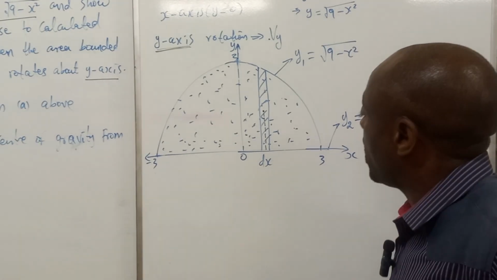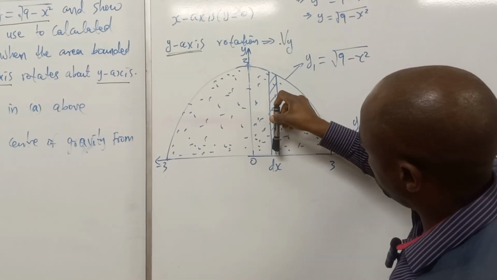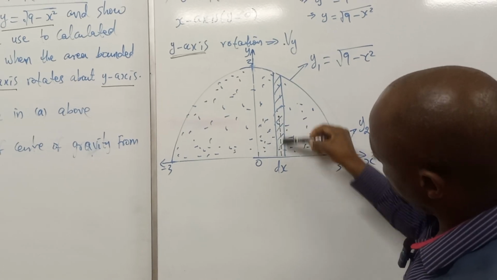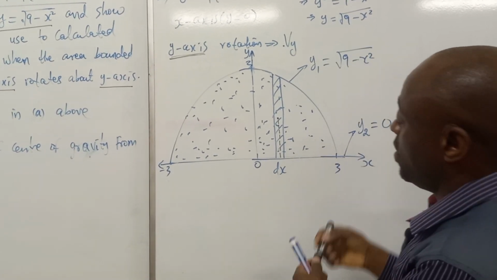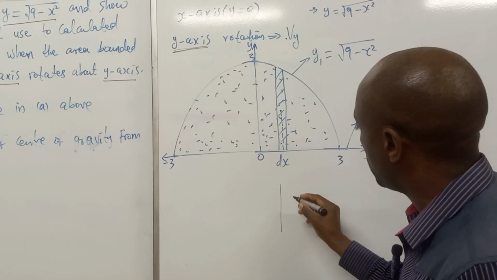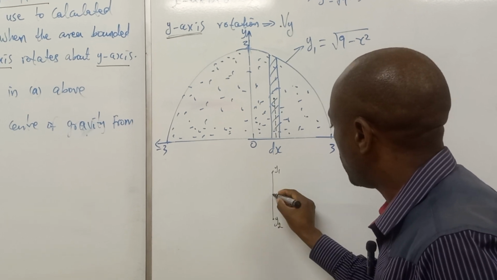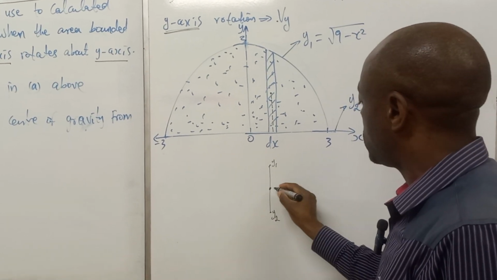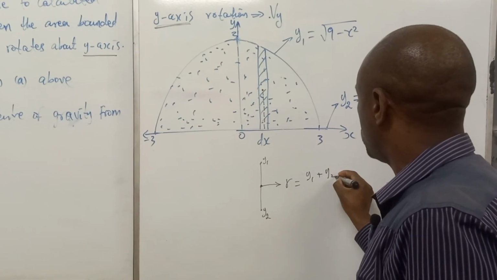Normally, I should be saying my r is y, but whenever my strip is in the same direction as my definition of r, I take the average of the two graphs. The mathematics behind this says your strip is like a thin line with y1 up, y2 down there, then for your r, you are taking the distance from the center of the strip, so what you are looking for is actually the midpoint of that line.